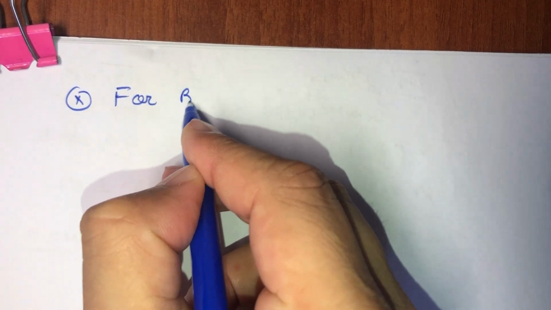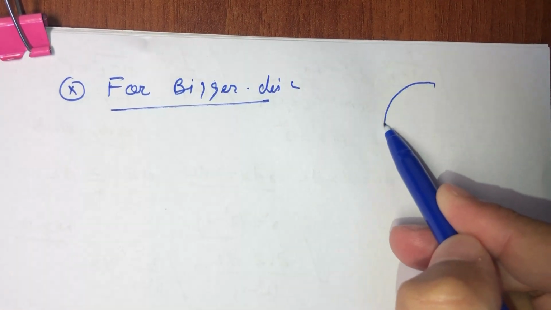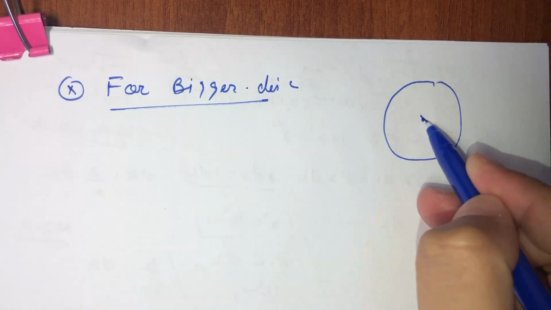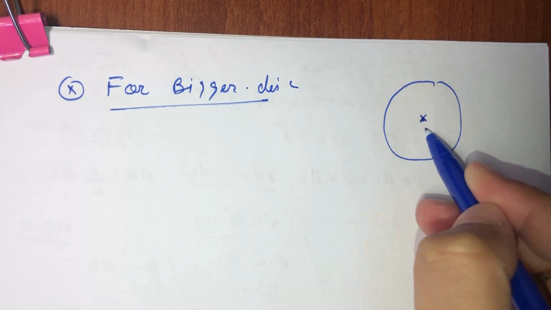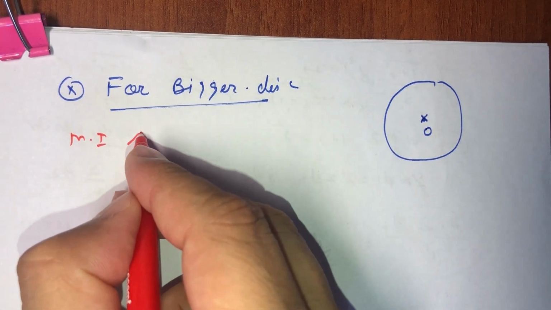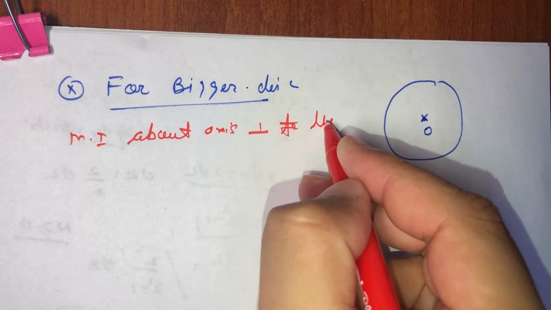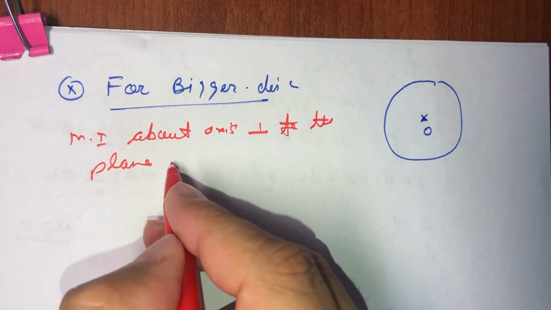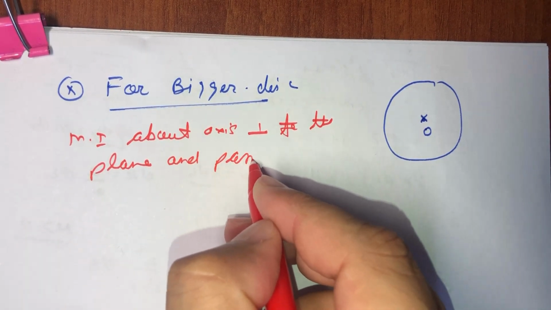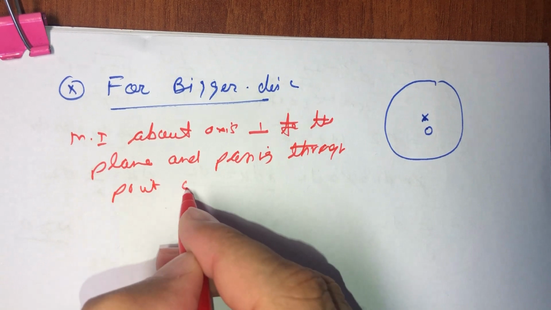So for the bigger disk, this is our bigger disk, this is the center, and we have an axis which is perpendicular to this plane and passing through the center O. So you can say moment of inertia about the axis perpendicular to the plane and passing through point O.